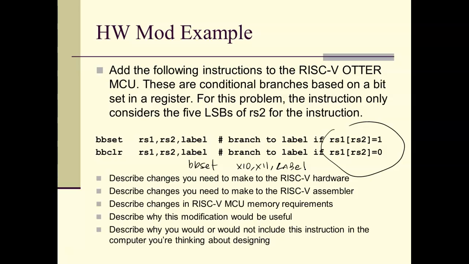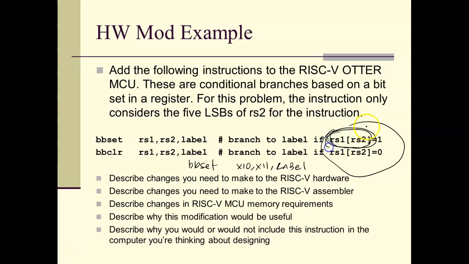So it would actually call out registers. The first thing to notice about this problem is that it looks like a branch instruction, and it has the same format as a branch instruction. That's good, so we can most likely leverage that. The other thing is we have to understand what this instruction is going to do. We're going to branch if this bit is set.